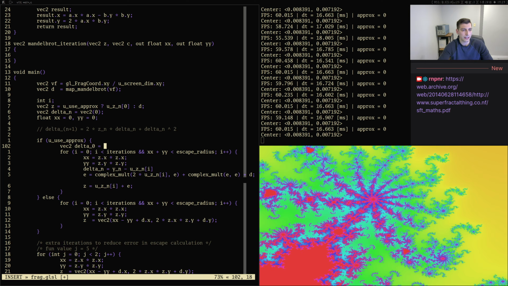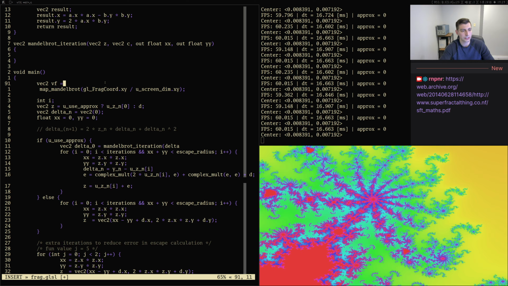So we want to do a Mandelbrot iteration of delta. Well, why are we even storing these two things as separate variables? It's a good question. Yeah, we don't want to do that.